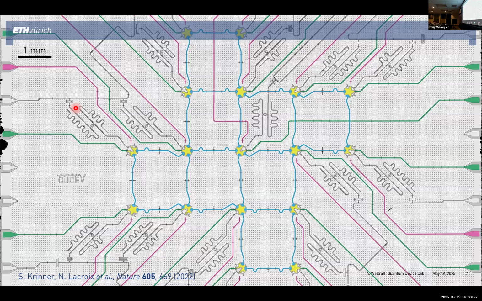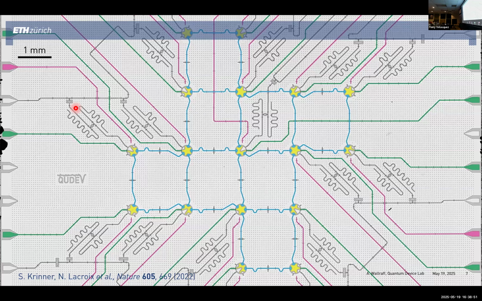The interactions between neighboring qubits are not mediated by exchanging real resonant photons through these waveguide resonators. The interaction is essentially mediated by virtual photon exchange through these resonators. So the qubits are detuned from the resonance frequency of the resonators.